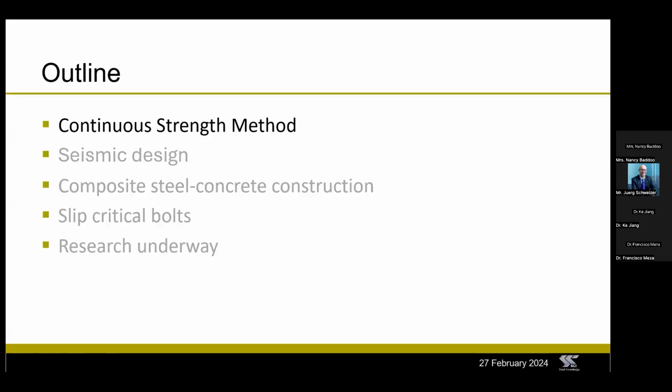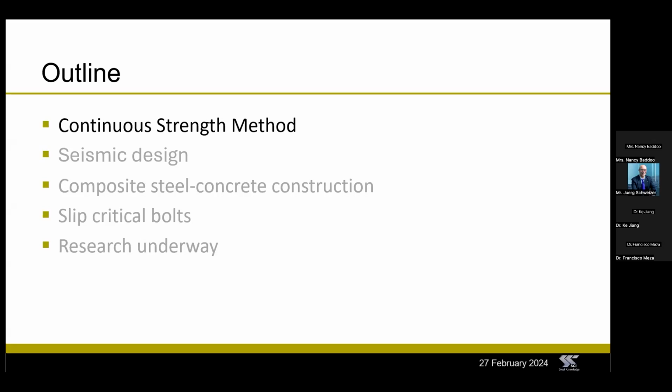Okay, so hello everyone, and welcome to this last webinar. Here you have the outline of what we're going to cover today. I'm going to start by giving you an introduction to the continuous strength method, which is a new design method for calculating the cross-sectional resistance of stainless steel members.